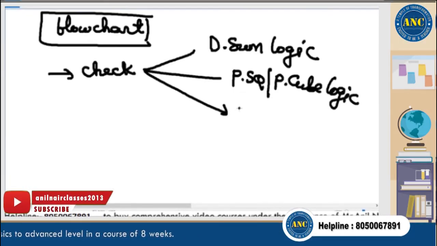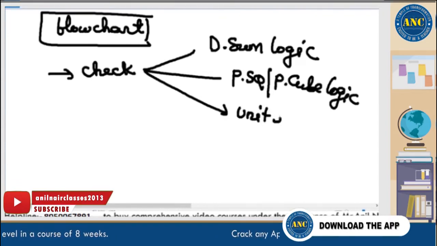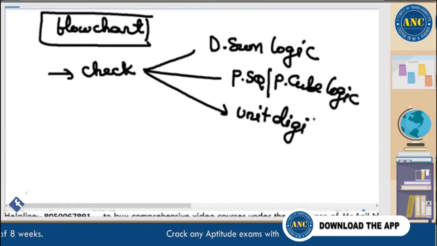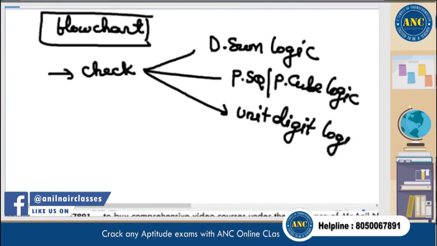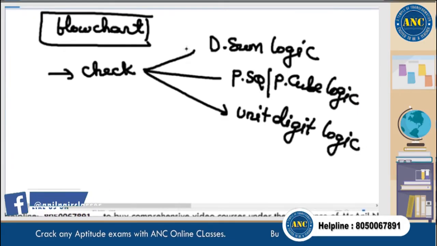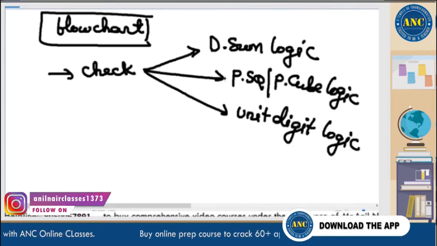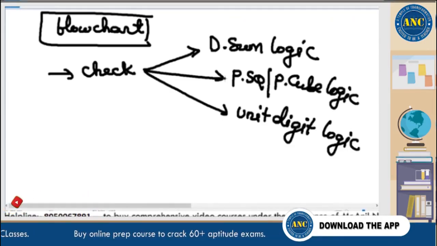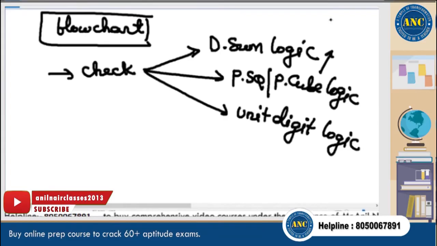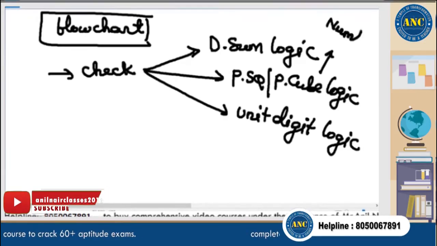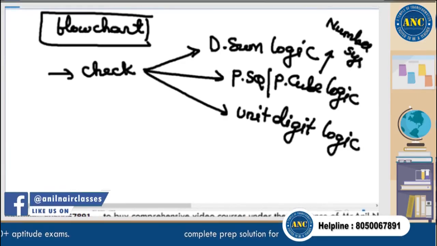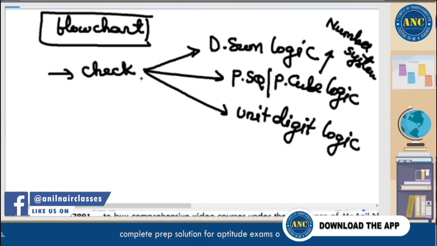Please write down. You will use unit digit logic. These are all the tools. Depending upon the question, you will use any of these tools. Some tools will be the best for some problems. Digital sum logic, perfect square or perfect cube, or number system logic, or unit digit logic.